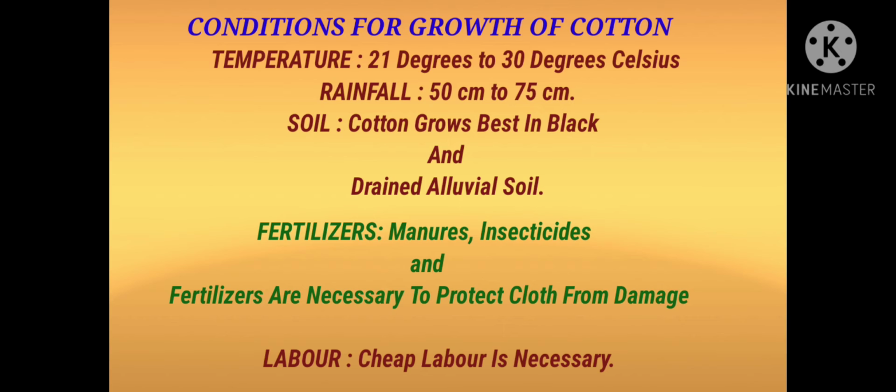Cotton grows best in black soil and drained alluvial soil, which have the capacity of retaining moisture. As cotton is a soil exhausting crop, manures, fertilizers and insecticides are needed to protect the crop from damage. Cheap labor is essential for picking the cotton balls as soon as they burst.